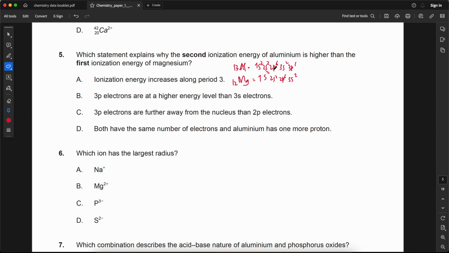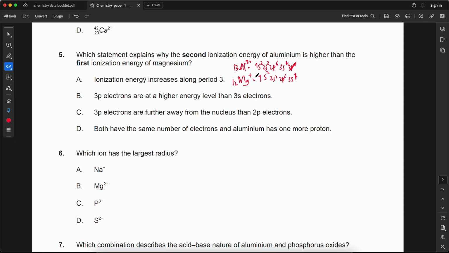But the question is the second ionization energy of aluminum, which means 2+, and the first ionization of magnesium, which means +1. Therefore, we need to make it 3s1 for the 2+ case, as there is no 3p1. So they have the same electron configuration now, because aluminum loses 2 electrons and magnesium loses 1 electron.